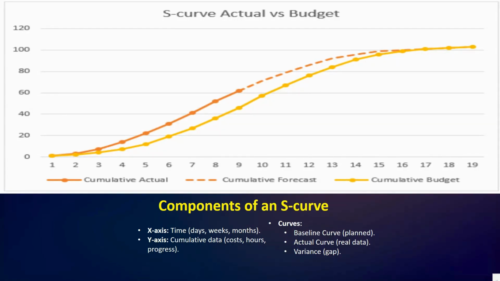Then the variance, which is simply the gap between the planned curve and the actual curve. So this variance is what project managers analyze to understand whether the project is ahead, on track, or behind schedule. Okay, so I hope the components of an S curve are clear.